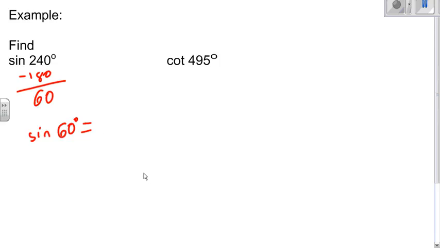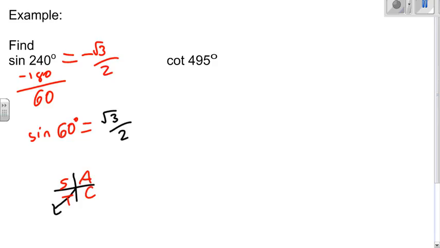So that means at that point will be 1 over 2, square root of 3 over 2. Since it's sine, it's going to be square root of 3 over 2. And since it's 240 degrees, that means that it's going to be in quadrant 3, because it would be 180 plus 60 more. So if we use that with our all students take calculus, tangent is the only thing that's positive, which means sine is negative. So sine of 240 is negative square root of 3 over 2.